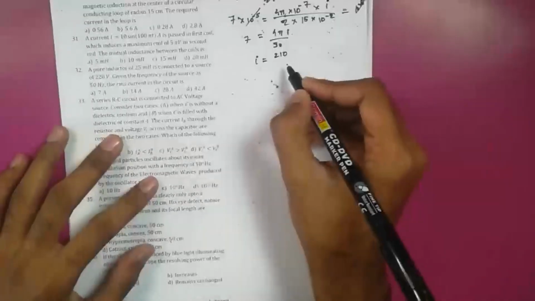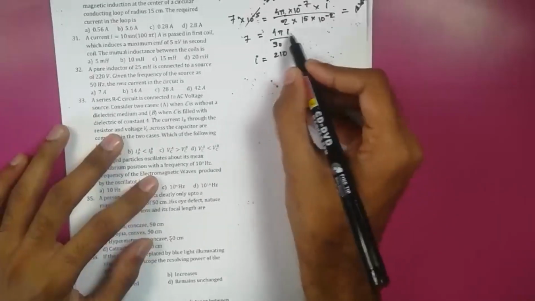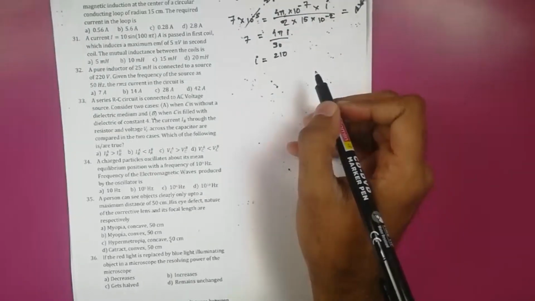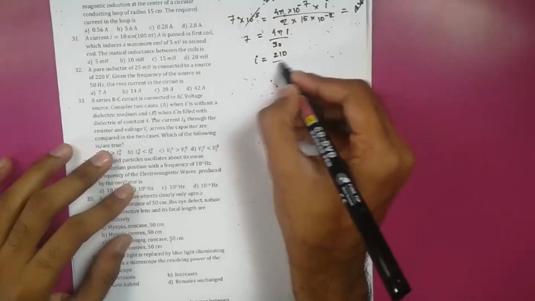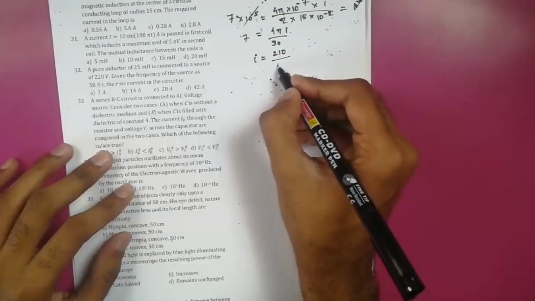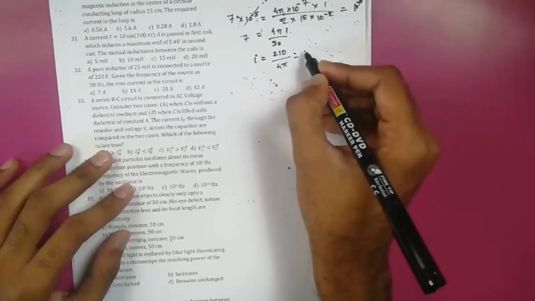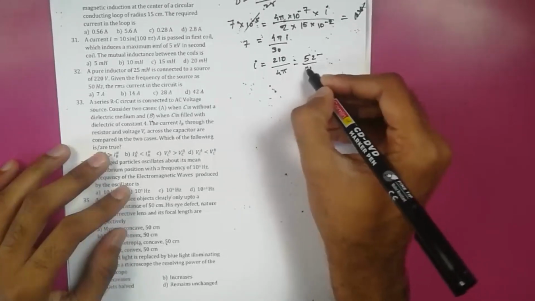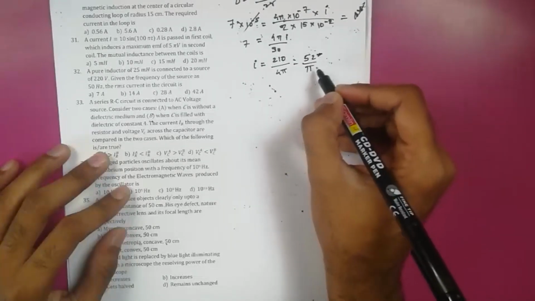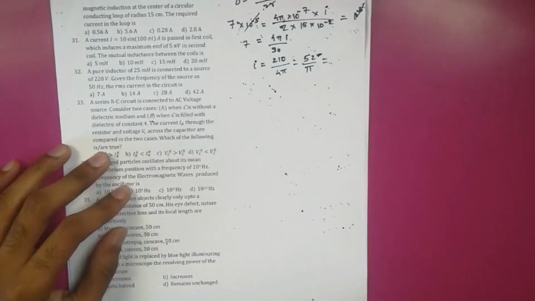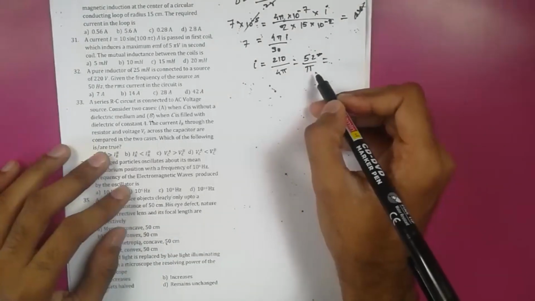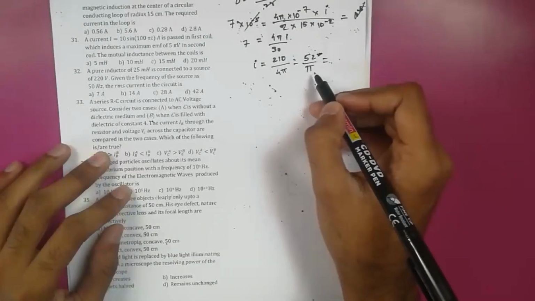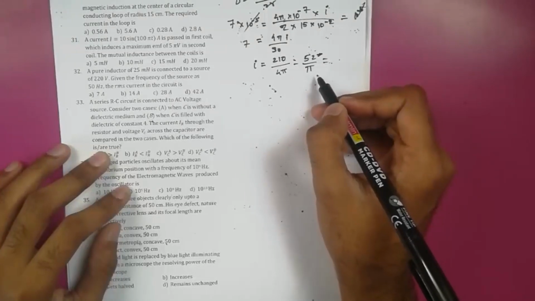Calculating this one, we'll get 2I upon 4 pi, which gives you something upon pi. So after calculation, this is basically division by 3.14, which will give you somewhere around 5 points.